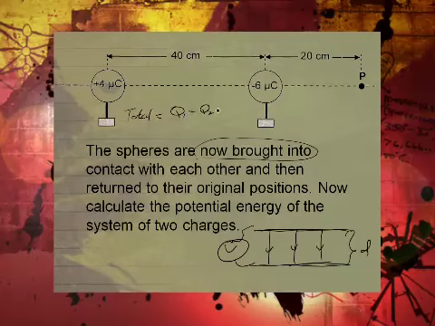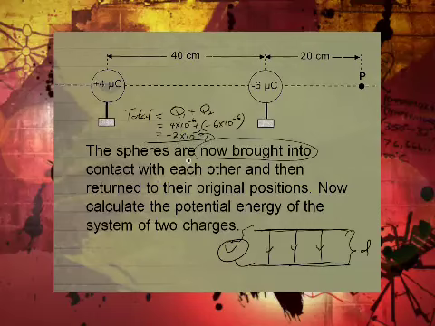It will be Q1 plus Q2. That will be 4 by 10 to minus 6 plus minus 6 by 10 to minus 6. So at the end you will have 4 minus 6, which will be minus 2 by 10 to minus 6. That will be the net charge, the total charge.